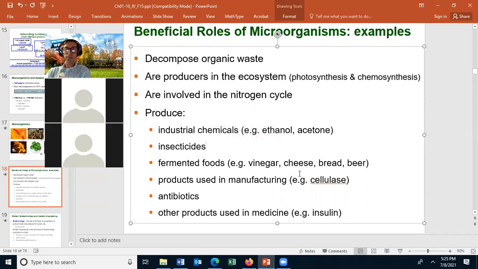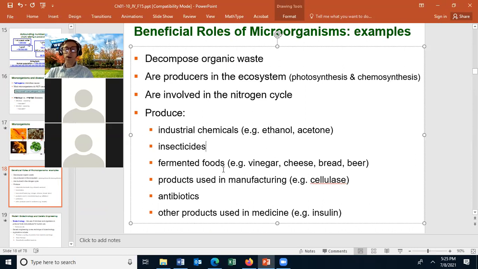We've talked a little bit about beer and wine, but that's also true of leavened bread, meaning bread that has yeast in it, and that could be sourdough bread, which has yeast and bacteria in it. We use microorganisms to make cheese, to make vinegar, to make chocolate, and to make many other products.